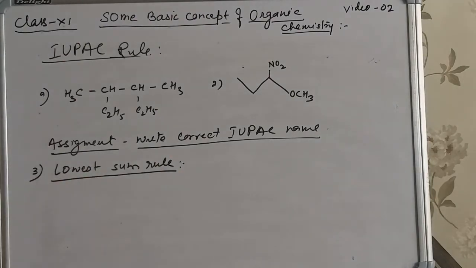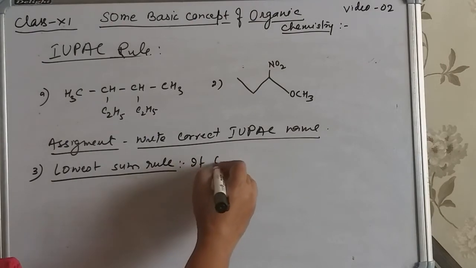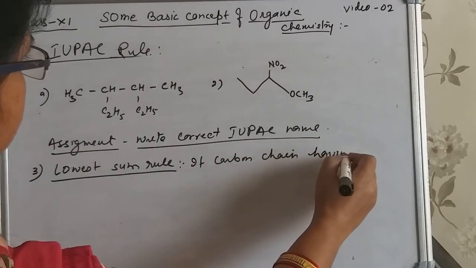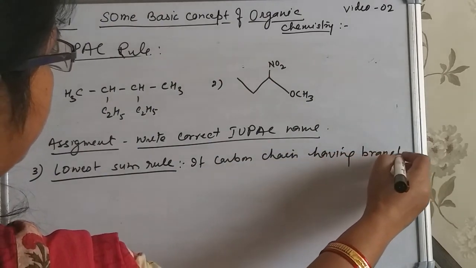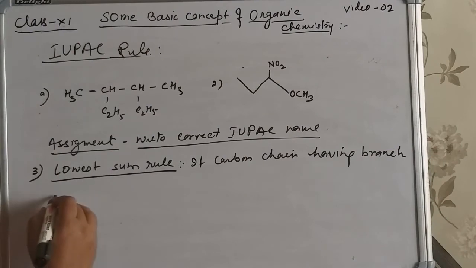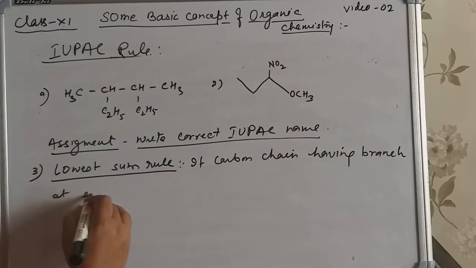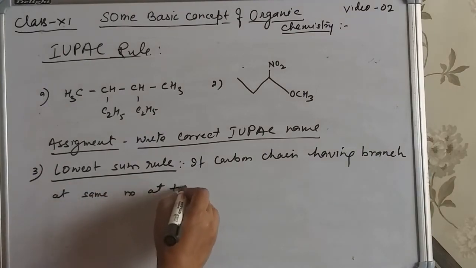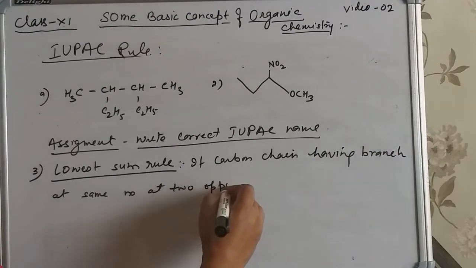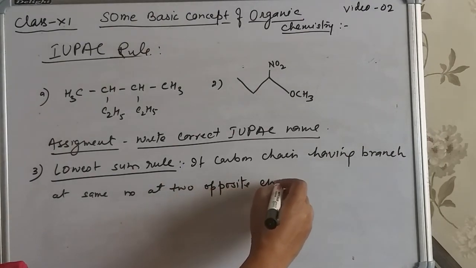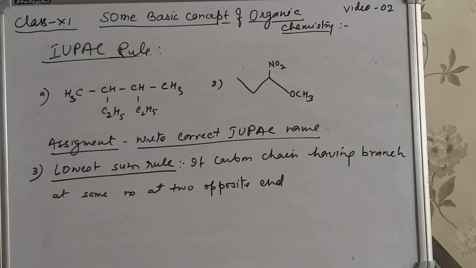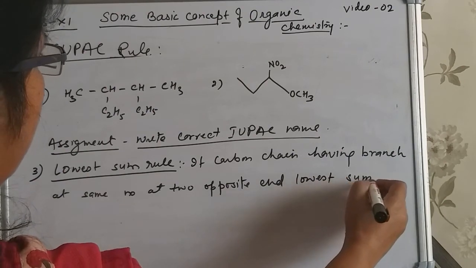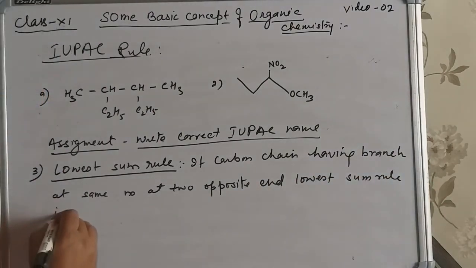If a carbon chain has branches at the same number from two opposite ends, the lowest sum rule is followed.